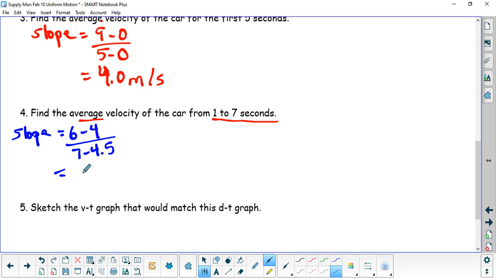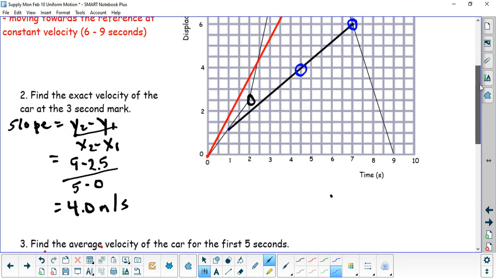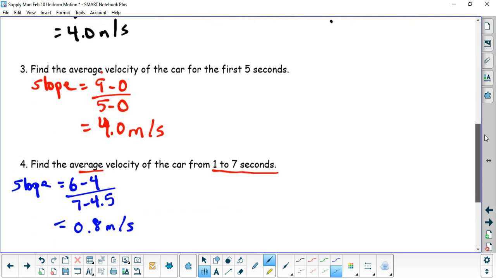So don't get caught up if you find that you get a different number. I got 0.8 meters per second. Maybe you got 0.9. Maybe you got 0.7. That's fine because you used 2 different numbers. That's acceptable. The trick to this is to put the line on your graph, just like I drew my line, and then use 2 points on that line to find the slope. That's what I want you to do.